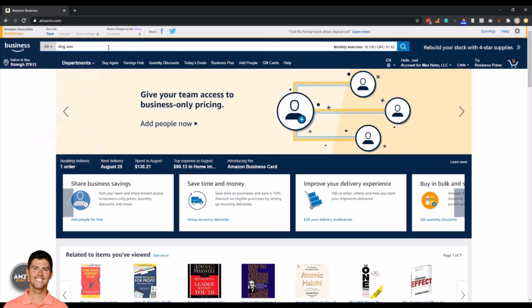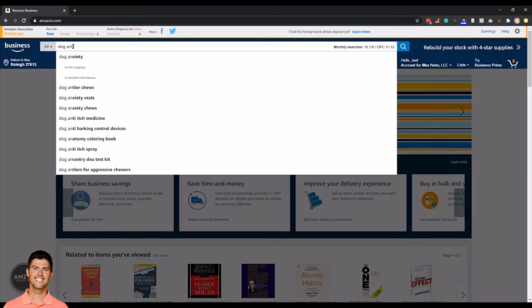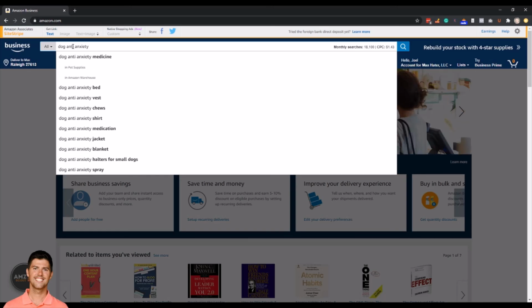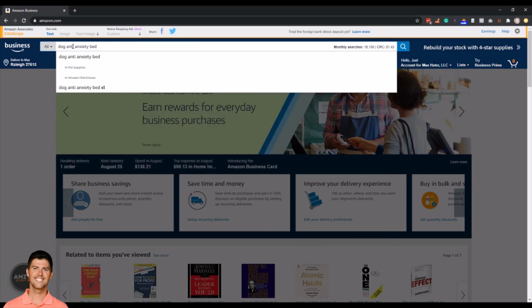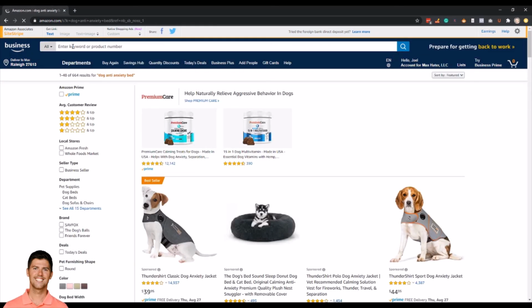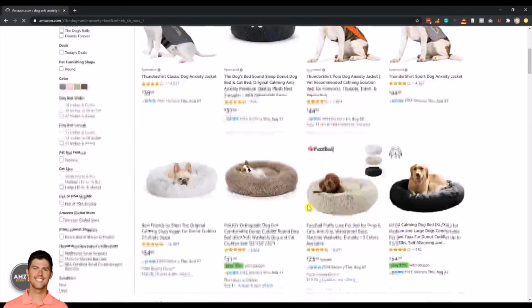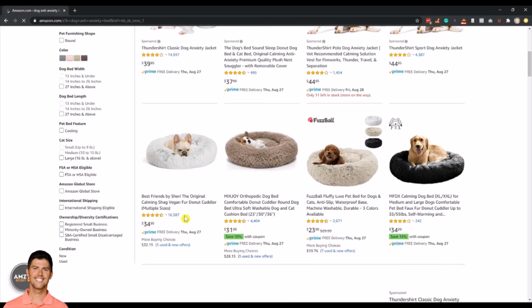This will be highly related to our niche, anti-anxiety bed. And I can see how much people are involved or engaged in this. Yes, so there's vests, there's beds, there's thousands and thousands of reviews. So this is awesome. Most of the time they're high.